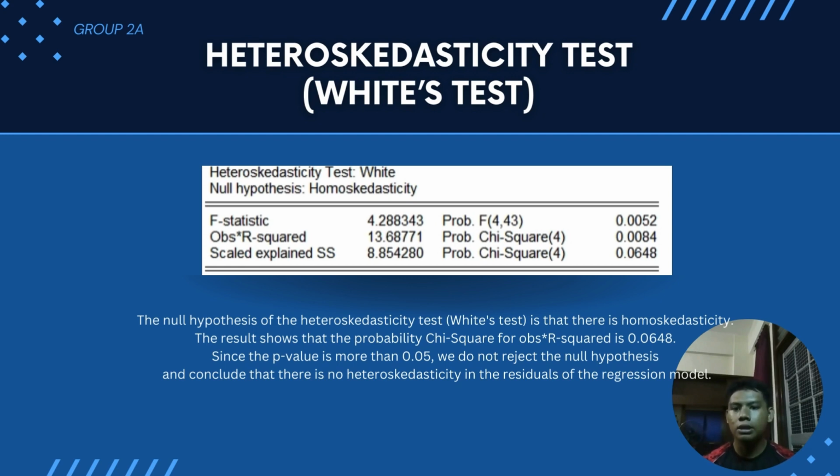The null hypothesis of the White test is that there is homoscedasticity. The result shows that the probability chi-square for observed R-square is 0.0648. Since the p-value is more than 0.05, we do not reject the null hypothesis and conclude that there is no heteroscedasticity in the residuals of the regression model.